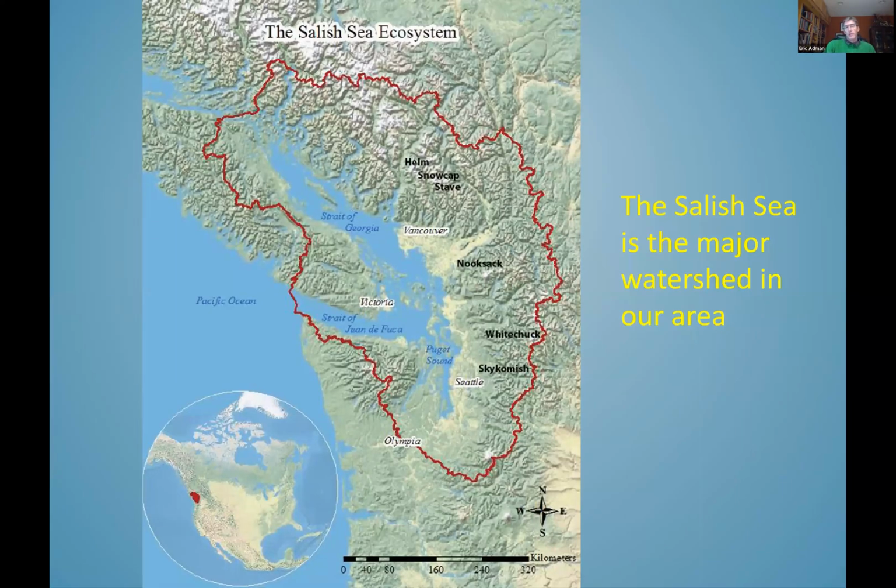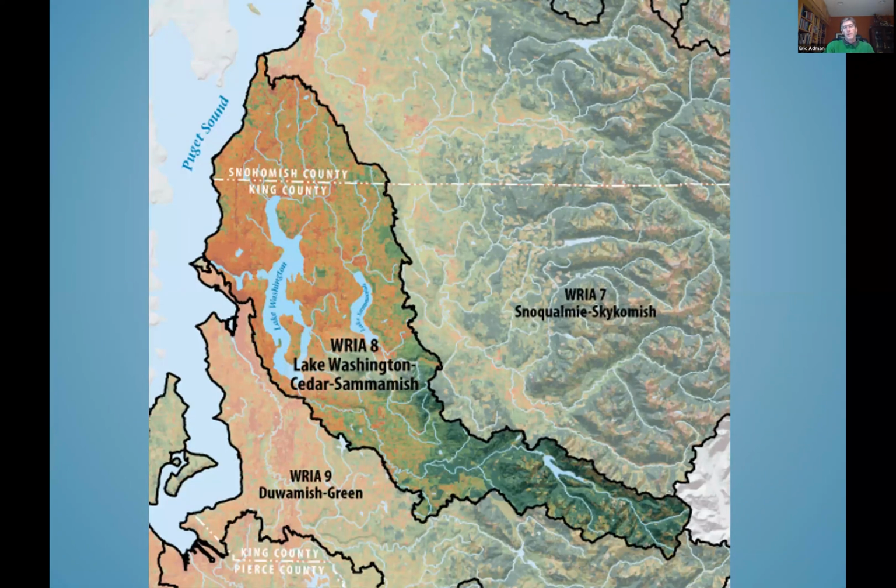Watersheds exist on different scales. For instance, the Salish Sea is a major watershed in our area, and a sub watershed of that, but still a pretty large scale watershed, is the Lake Washington Cedar Sammamish watershed. Washington State is divided into different what are called water resource inventory areas.